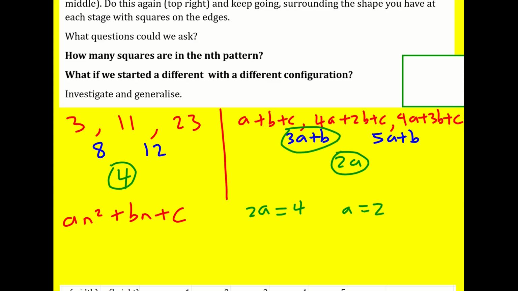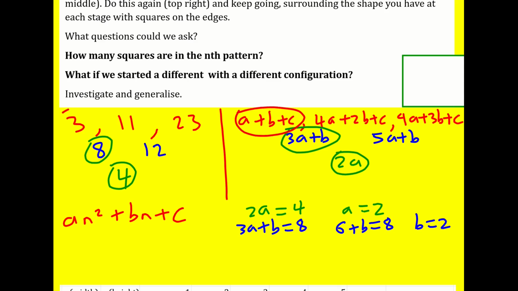It must then be that 3a plus b equals 8. Well, a is 2, so it's going to be 6 plus b equals 8, and b is 2. And then a plus b plus c must equal 3.